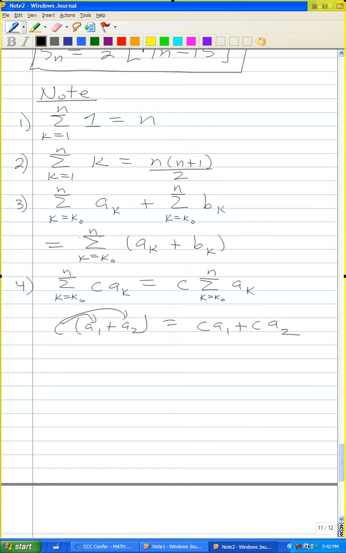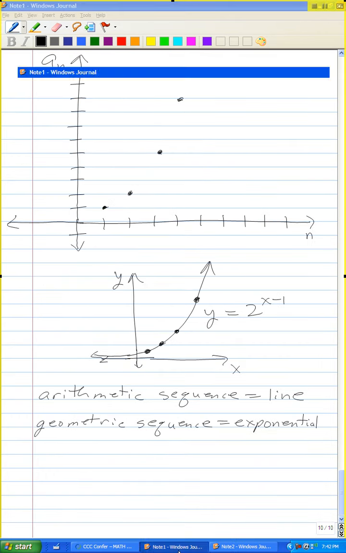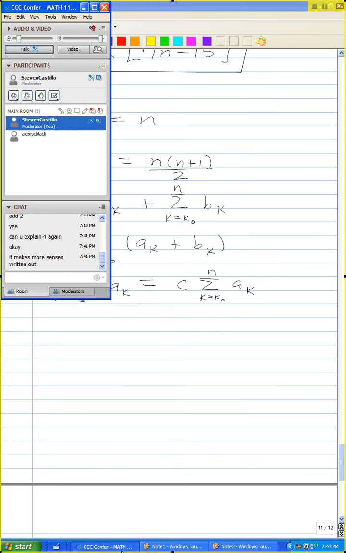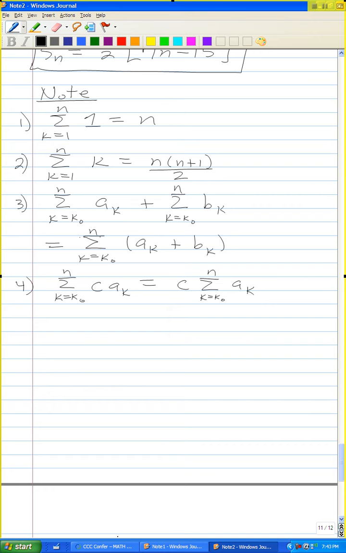It's just that instead of having two numbers, maybe I have a whole bunch more. So this is just the distributive property, just written in this sigma notation. So if you're not used to this sort of sigma notation, it just looks a little weirder. But no, this is just the distributive property.